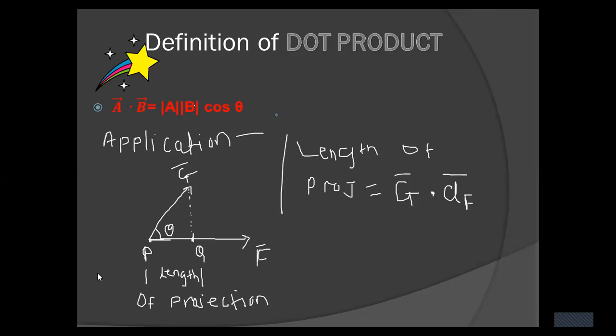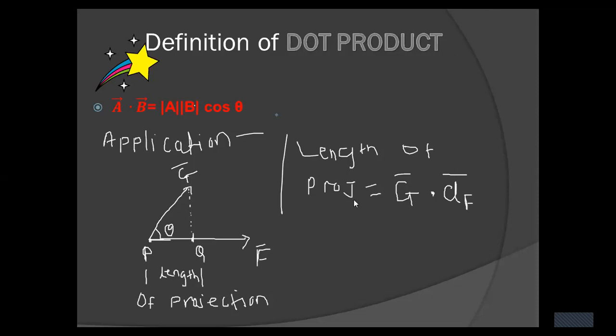So when this G bar is projected on this vector F bar, its length can be found by using this formula. Length of projection is given as the vector which you are projecting. Which vector are you projecting? Vector G bar.